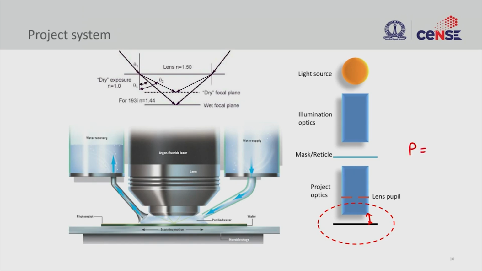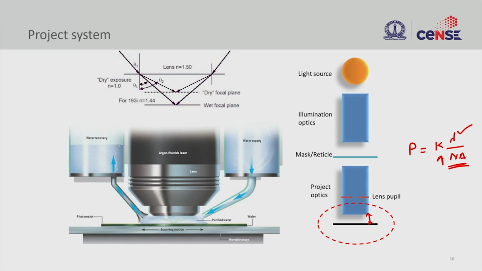So the resolution is given by k times lambda over NA. We have seen how to improve lambda, but now let's look at the NA. We want to increase the NA, because when you increase the NA, your resolution can be better.